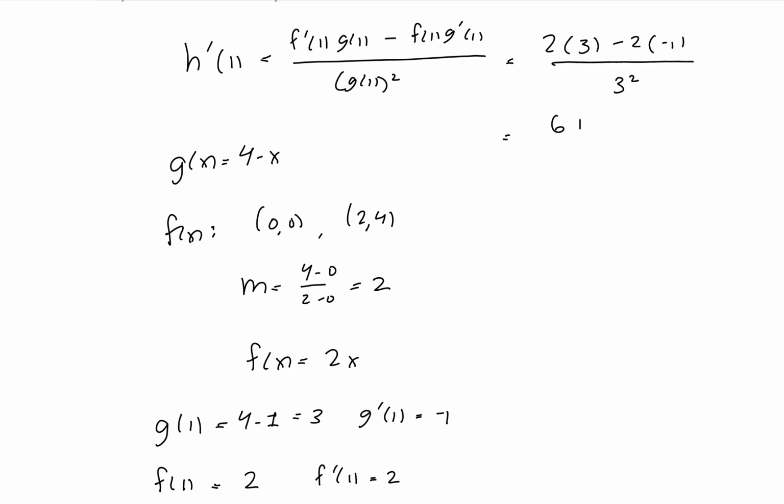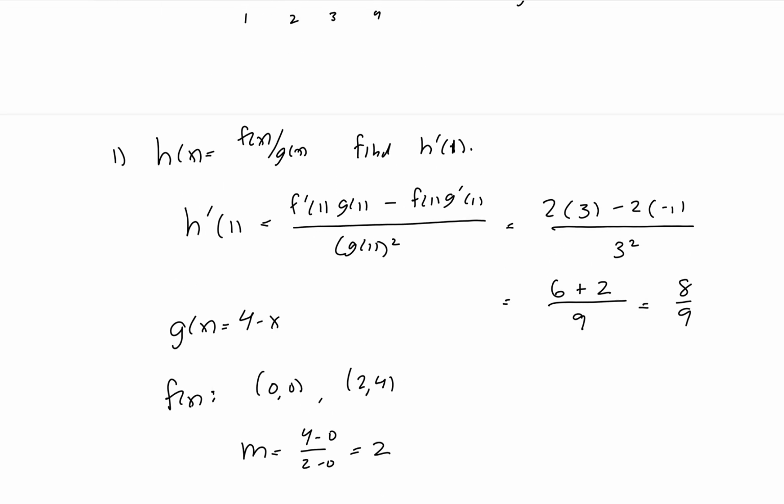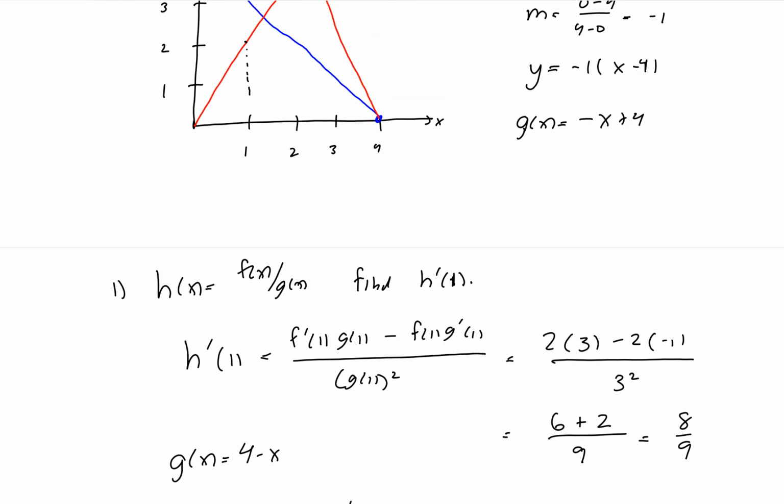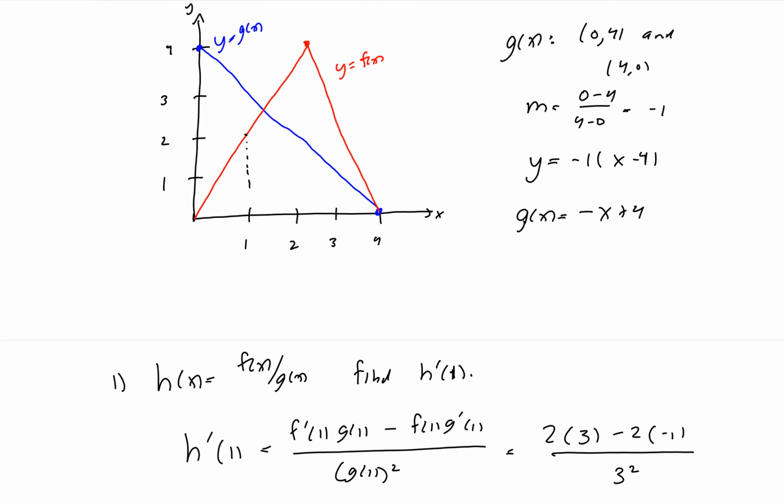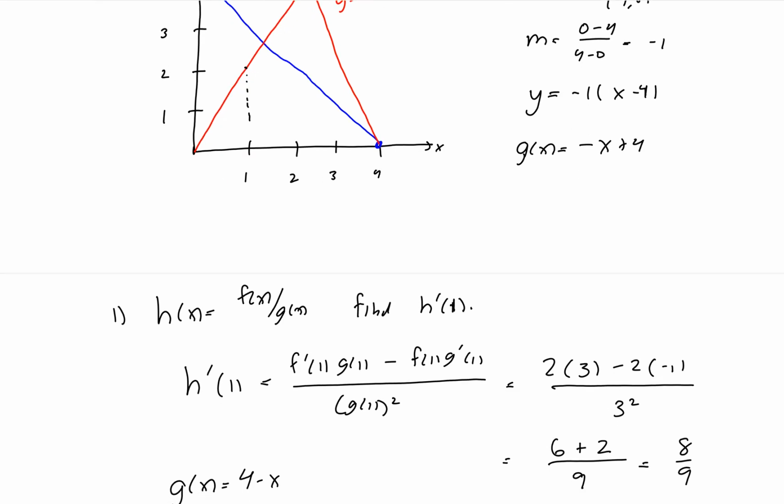So this is 6 plus 2 over 9, which is 8/9. So really for this one, we know the quotient rule, but then we need to find the equations of the relevant lines.